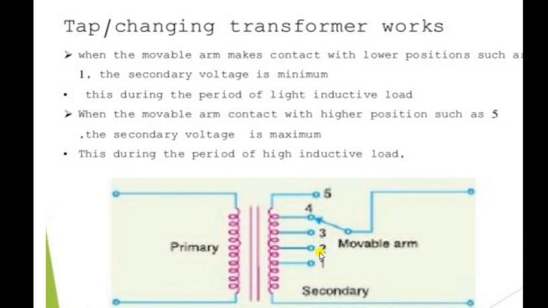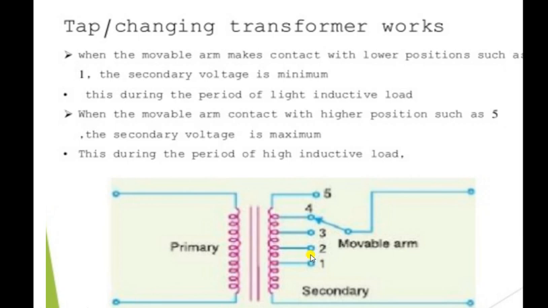With the on-load tap changing transformer, we need not take the transformer out of the line. Whenever it is online, added in the transmission line, at that time itself we can change the tap positions. So normally the on-load tap changing transformer will be used.